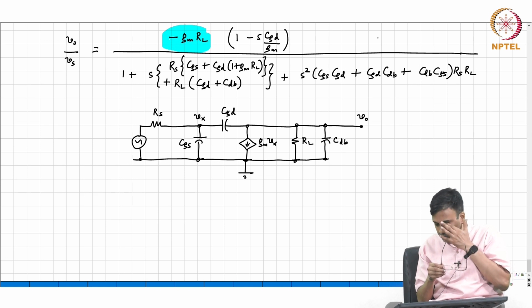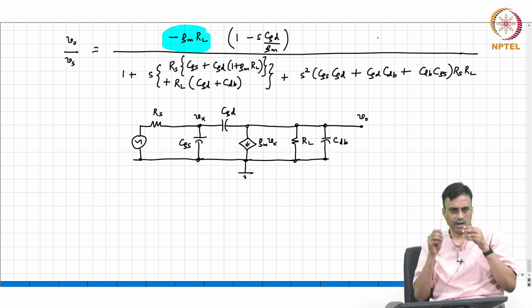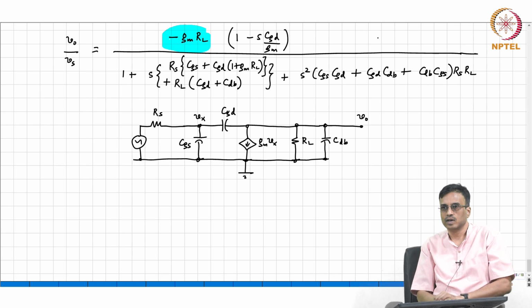Okay, let me ask you another question. Can any of you give me an example of an instance where zeros of a transfer function affect you in daily life? See, all of you own a phone, and you are sitting in the hostel.